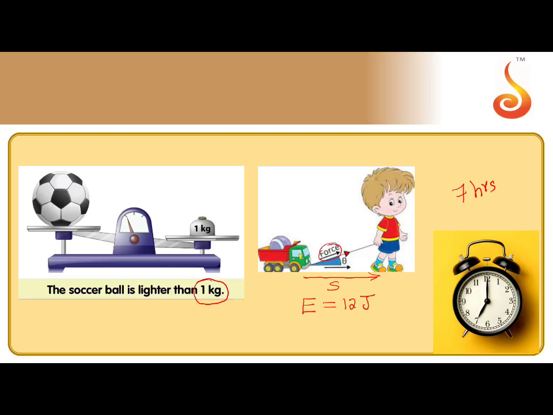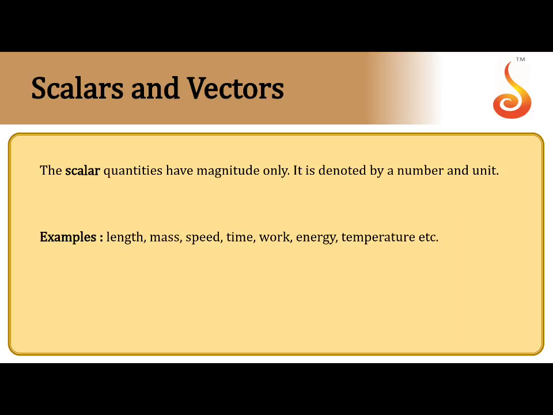You look at all the three physical quantities here. To represent them, I need a number which tells the magnitude and a unit which tells the physical quantity. To represent these, I don't need the help of a direction. These physical quantities, which have only the magnitude but no direction, are called scalar quantities.